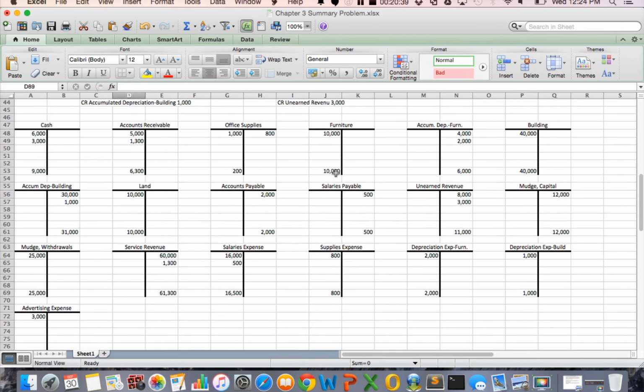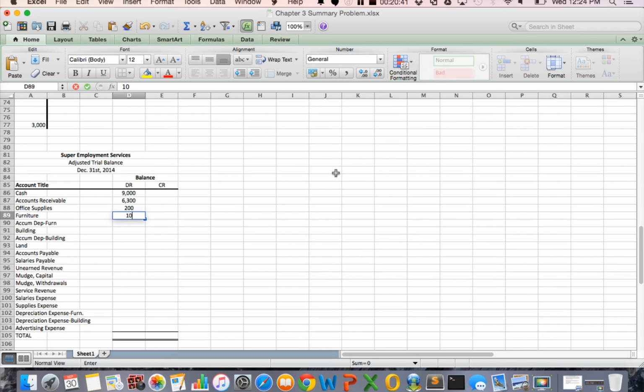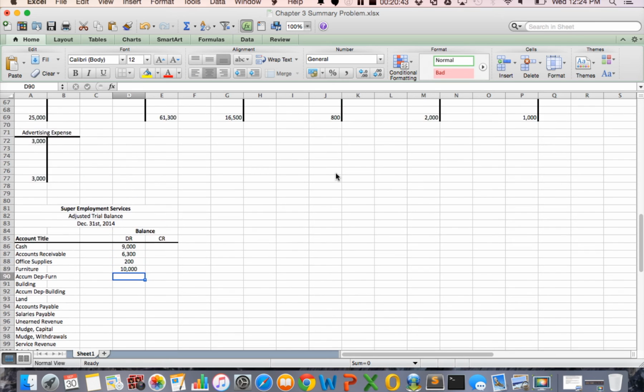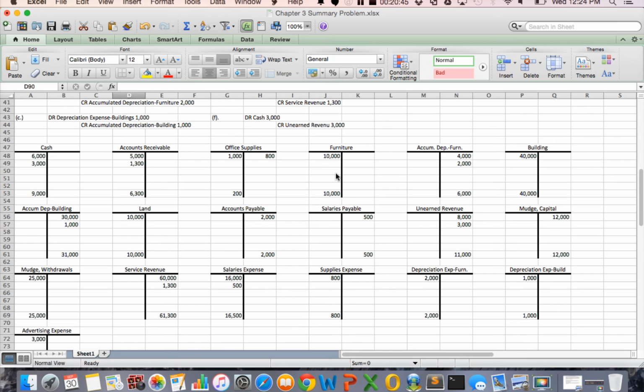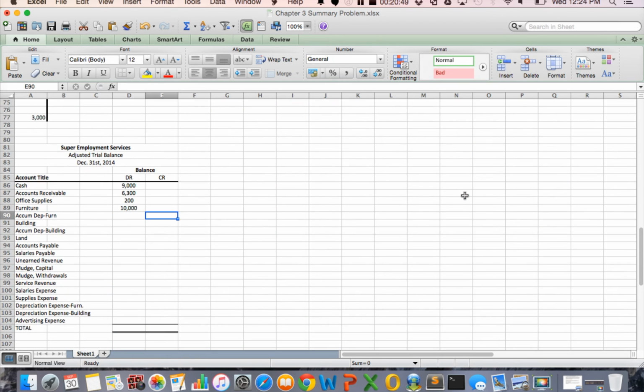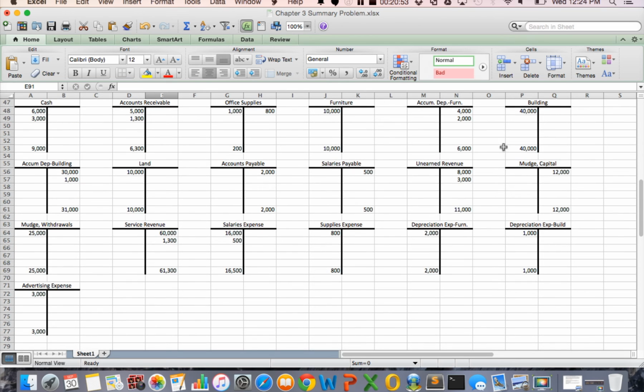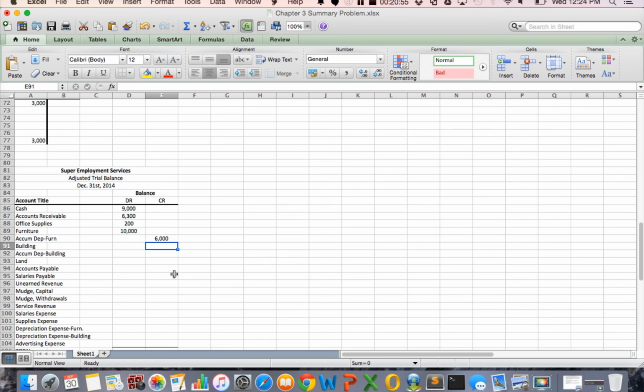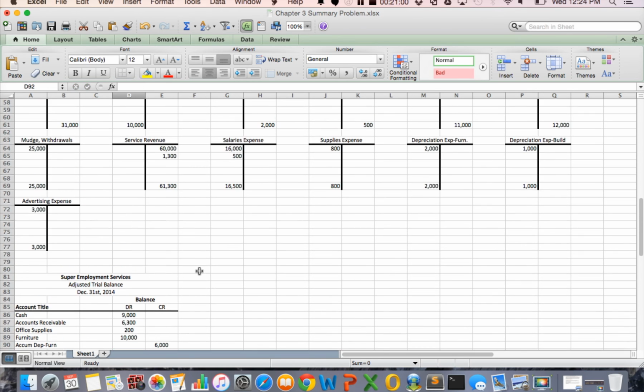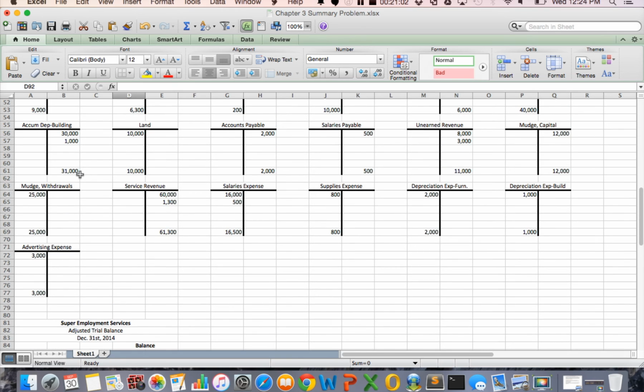Furniture, 10,000 debit. Accumulated depreciation furniture, 6,000 credit. Building, 40,000 debit. Accumulated depreciation building, 31,000 credit.